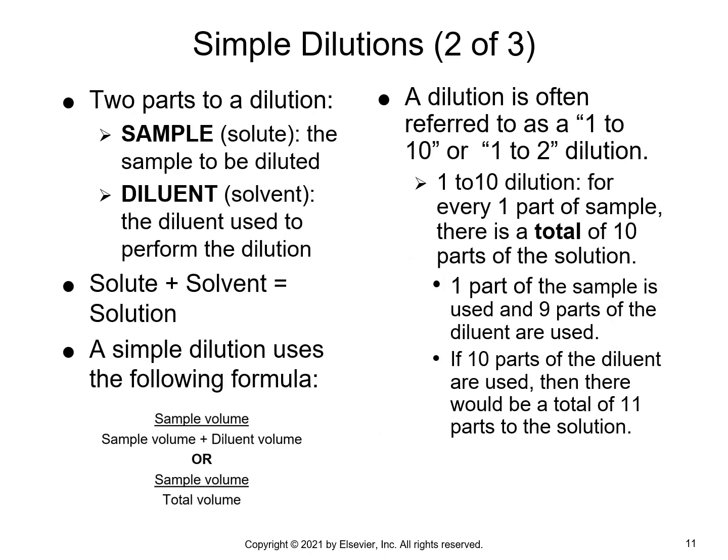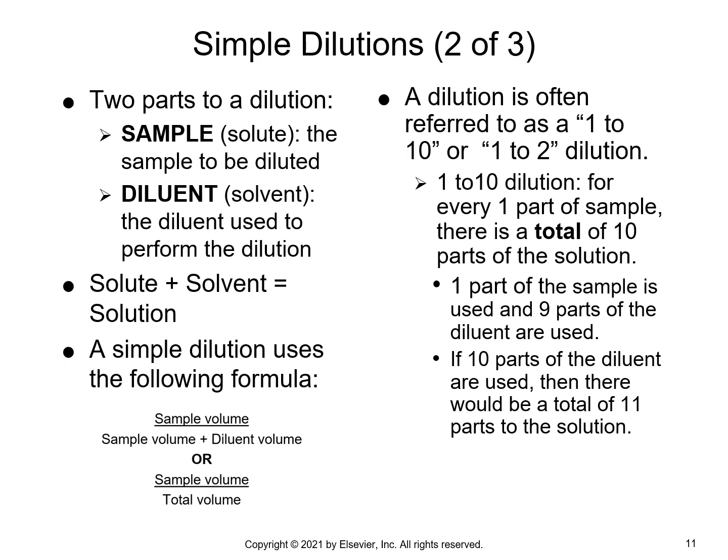When performing a dilution, we need to consider that there are 2 parts to that dilution, which include the solute and the solvent. Our solute would be our sample or whatever we're diluting out. This could be our patient sample, serum, plasma, or it could be our antibiotics that we're doing a dilution on. And then of course we have the solvent, which is the diluent, and that is what we're using to perform the dilution.